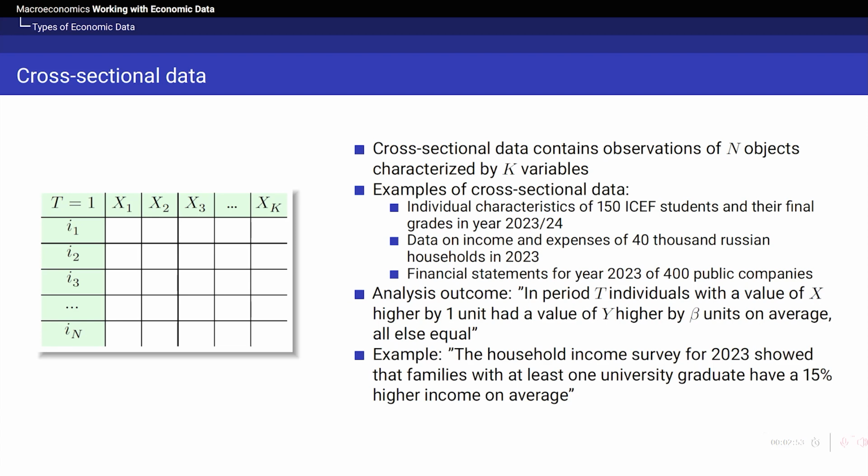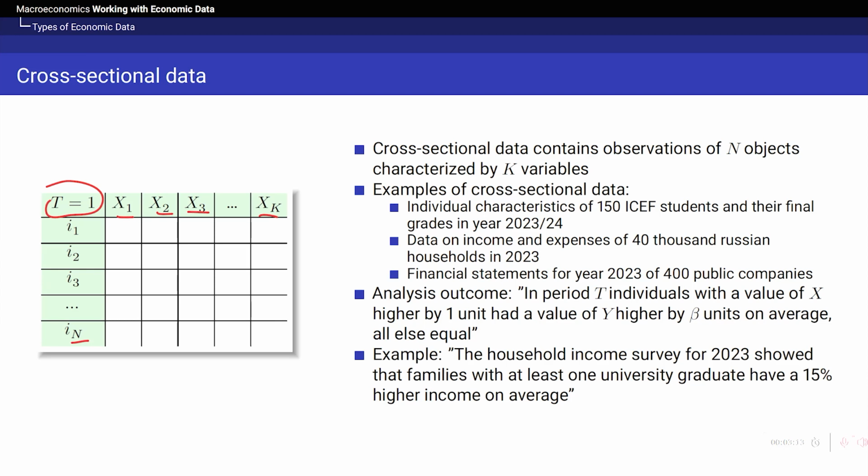Here you can see an example of how cross-sectional data may look. Here we have only one single period, t equal to 1. At this period, we collected information on k different characteristics for n different individuals.